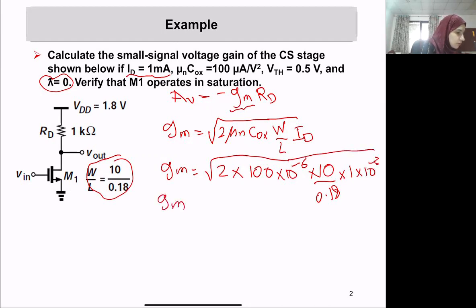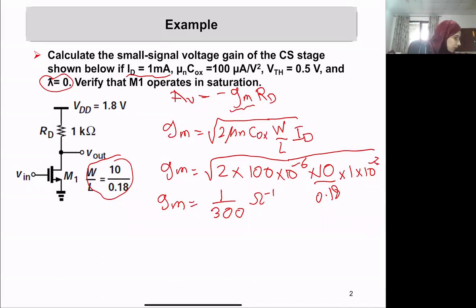Therefore, our Gm, if you calculate this, will come out to be 1 over 300. This is the book answer. This example is from the book, so I don't have to waste time doing the calculation. The unit for Gm is ohm inverse, because if you remember, it is dID over dVGS, therefore it's 1 over ohm.